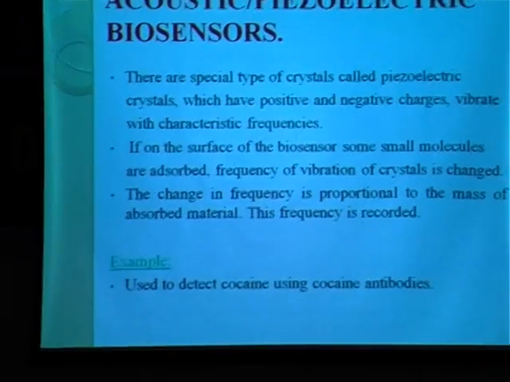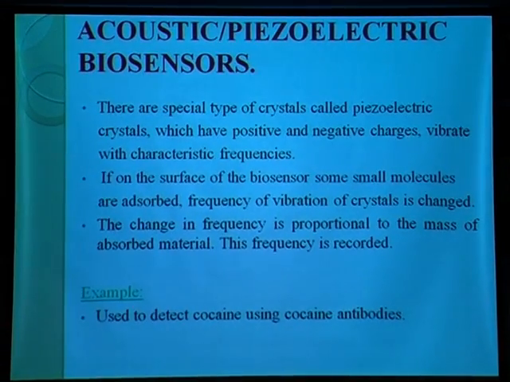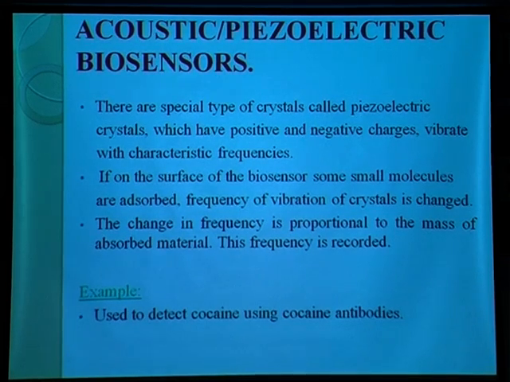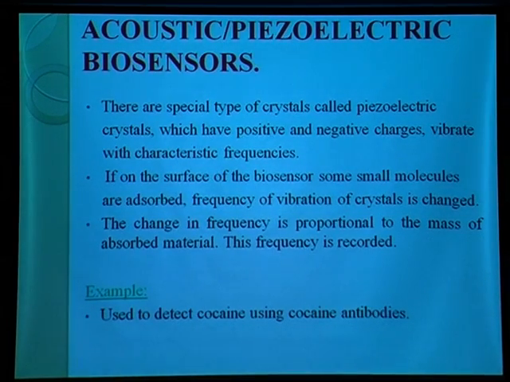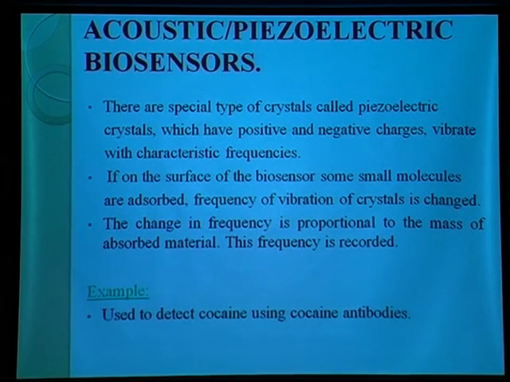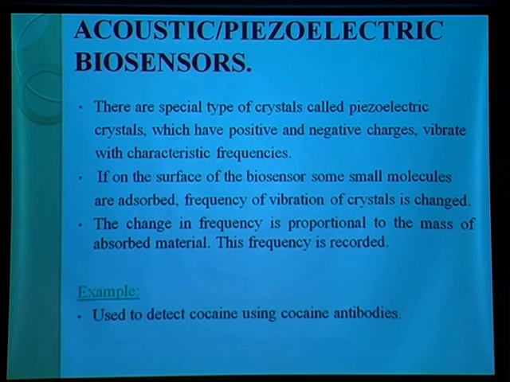Next, coming to acoustic biosensors. Acoustic biosensors are those which have crystals called piezoelectric crystals. These crystals change on vibrations. Whenever a substance comes in contact with or is adsorbed on the surface of these crystals, it will show some change in the frequency, meaning the vibrations change in frequency, which will be determined by the use of these acoustic biosensors.